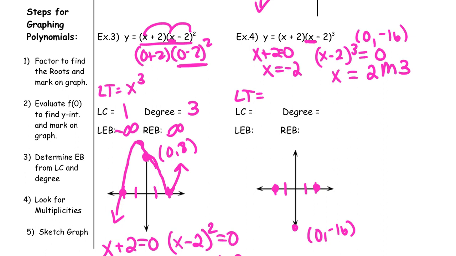Okay, let's look at our leading term. This one would be x cubed times x, so x to the 4th. What's the leading coefficient? Degree? Right end behavior. Left end behavior. So this side is going up, and this side's going up.